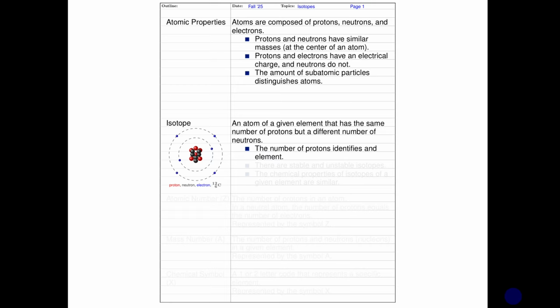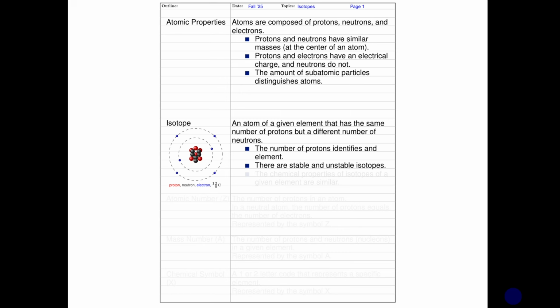While the number of neutrons in an element may vary, the number of protons will always remain the same for a given element. For this reason, the number of protons becomes what identifies an element. Every element has isotopes. Some are stable and some are unstable. An isotope is said to be stable when it does not undergo radioactive decay.